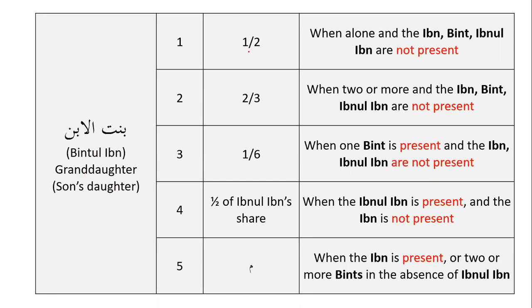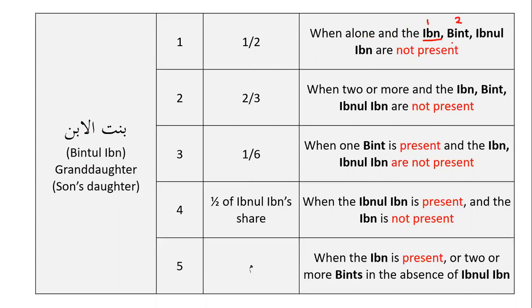Condition number 1 states that the Bintul Ibn will receive half of the inheritance when alone and the Ibn, Bint, Ibnul Ibn are not present. So when we see Bintul Ibn in the question, there are 3 other relatives we need to look out for. Number 1 is the Ibn.